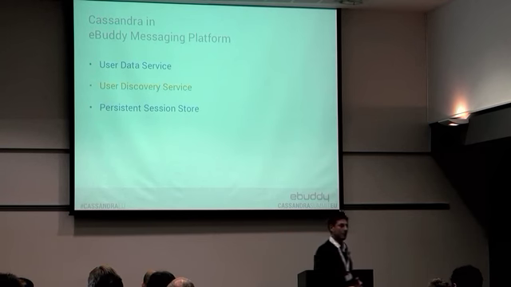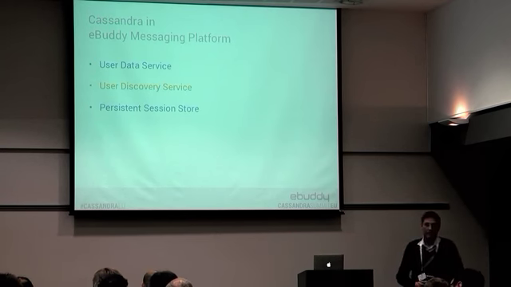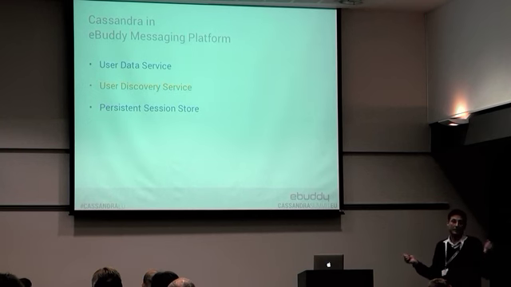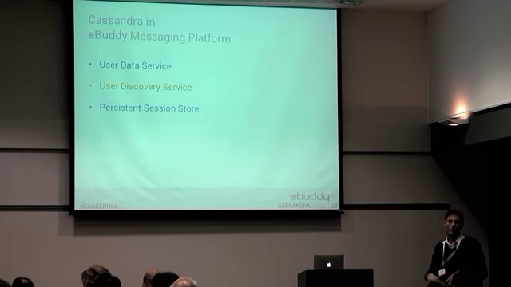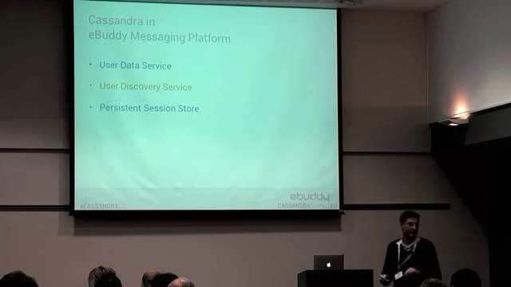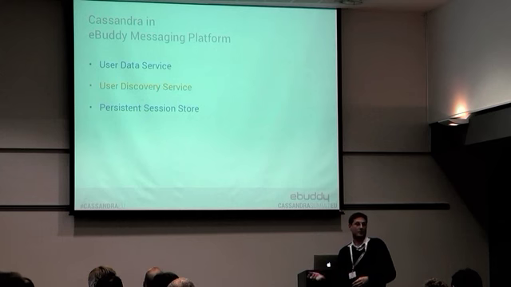Also, we use it for persistent session store. This is a user session both when they're connected and when they're not connected. So every user has a persistent session. Once you've connected for the first time, you're always quote unquote logged in. The only difference is whether you're currently connected or not.